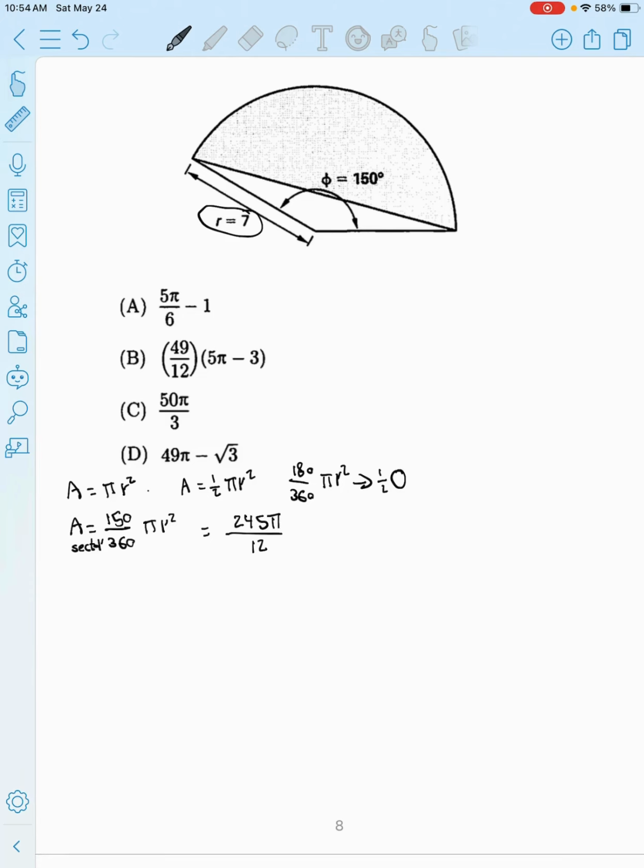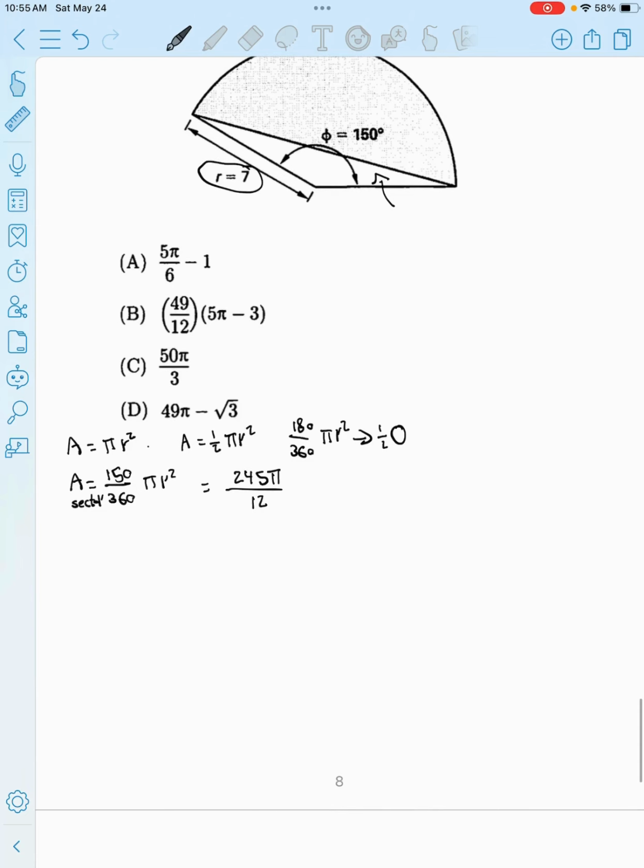But you don't want the whole sector, because the triangle that we have is not shaded.